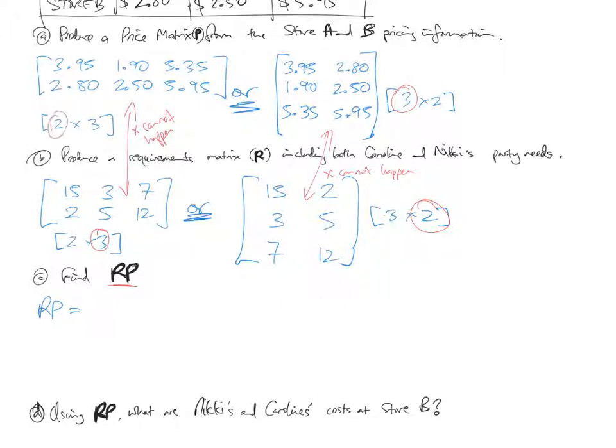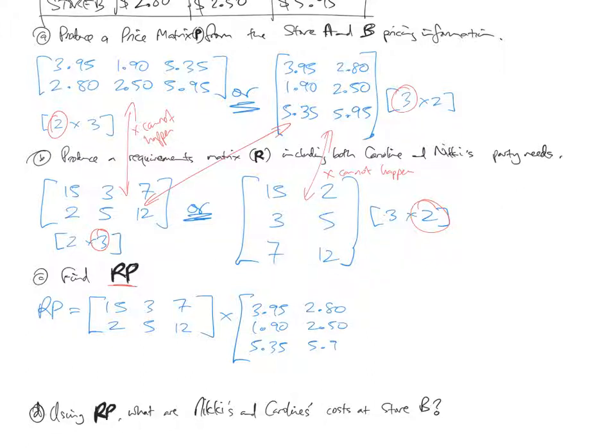We can, however, do the requirements matrix, 2 by 3, multiplied by the price matrix, 3 by 2. Because we've confirmed that can happen, we can go through with it. 15, 3, 7, 2, 5, 12 is being multiplied by 3.95, 1.90, 5.35, 2.80, 2.50, 5.95.